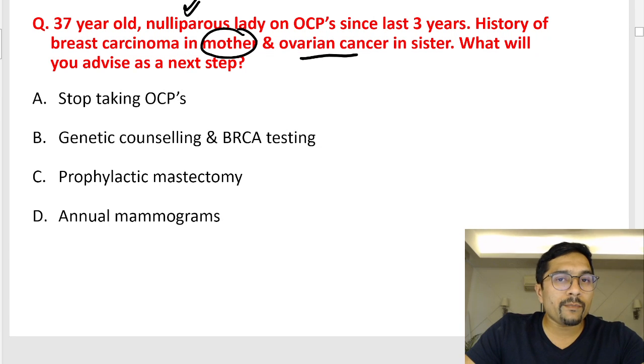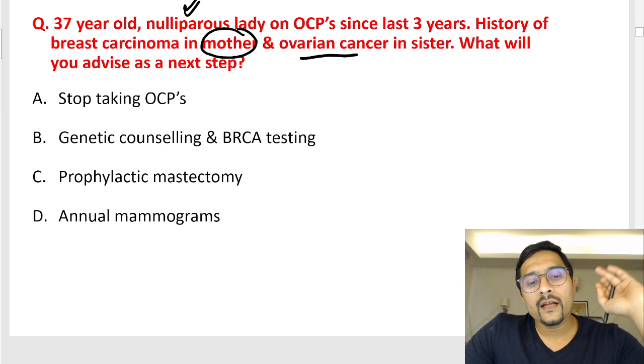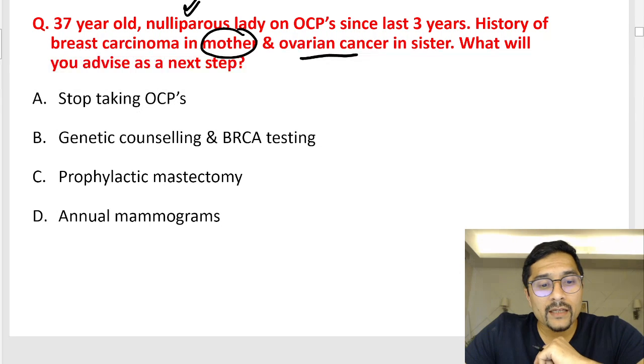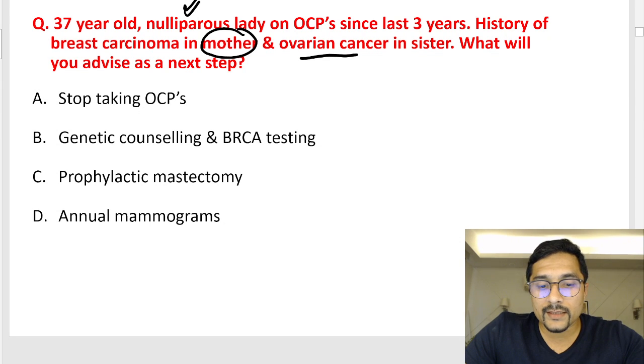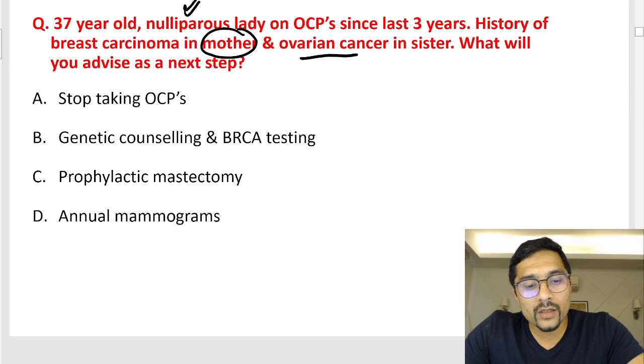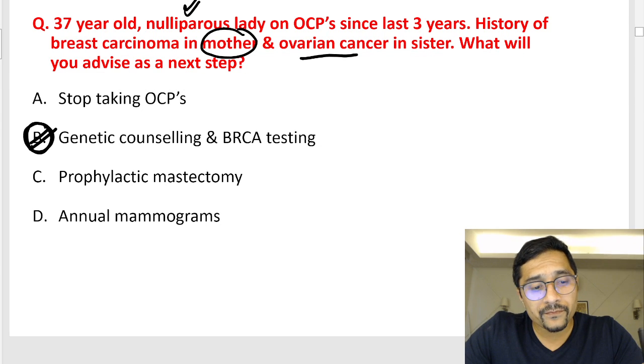Low dose OCPs which are used these days don't increase the risk of breast cancer. We know that, but there is a strong family history. Breast cancer in mother and ovarian cancer in sister. Next step advice to her would be genetic counseling and BRCA testing would be done in these patients.